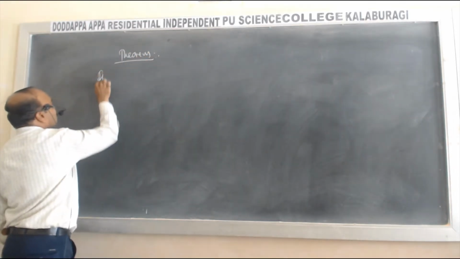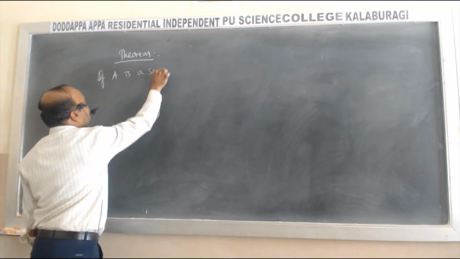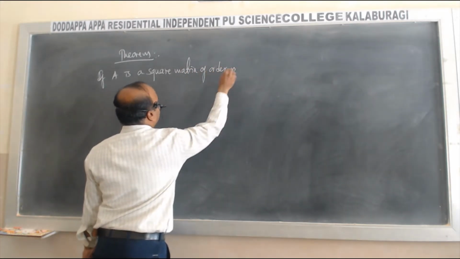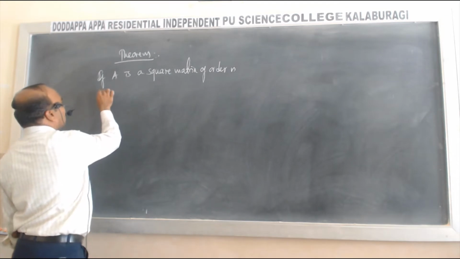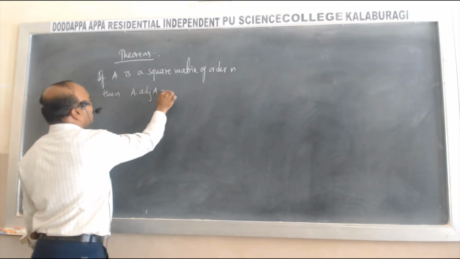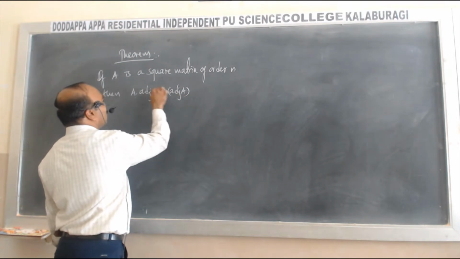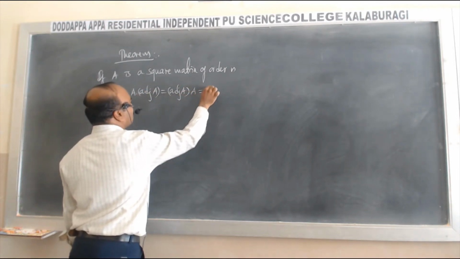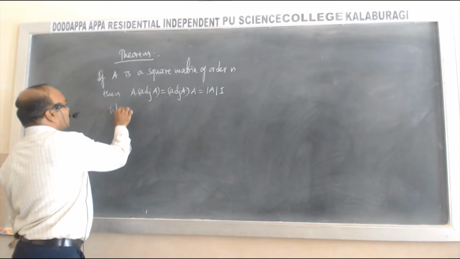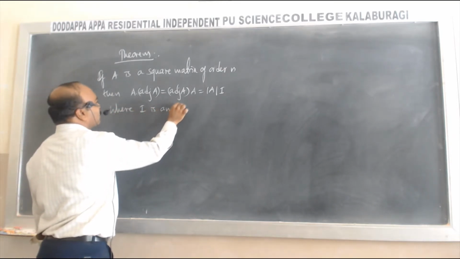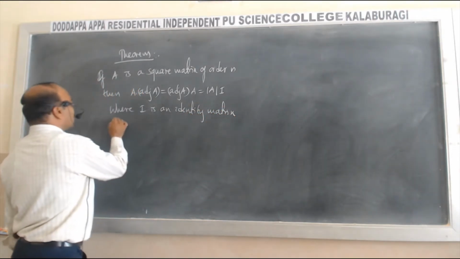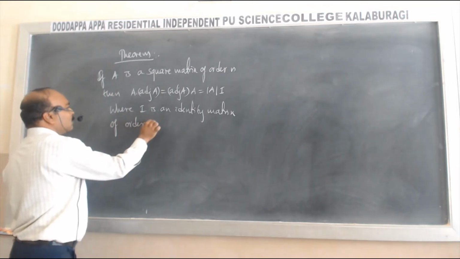If A is a square matrix of order n, then A into adjoint of A equal to adjoint of A into A is equal to determinant of A into I, where I is an identity matrix of order n.